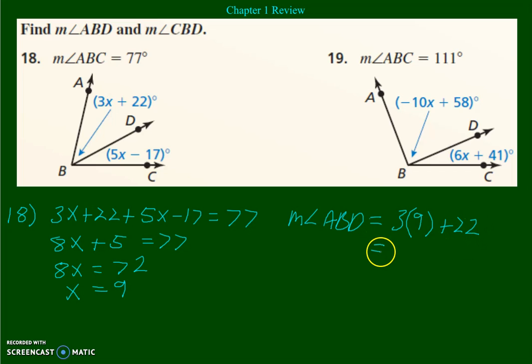So the measure of angle ABD is 27 plus 22, which is 49. And now the measure of angle CBD.